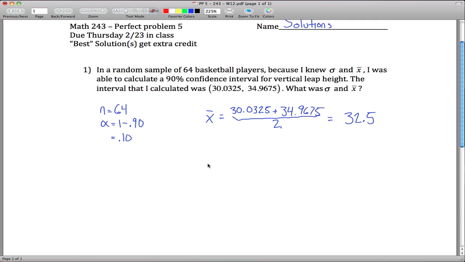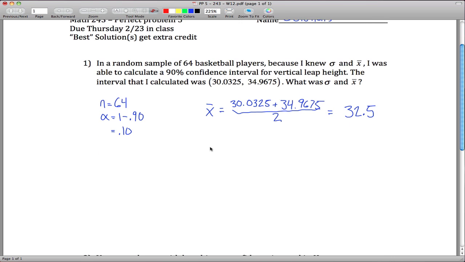Unfortunately, that's a little bit harder, but it's not too bad. The way you would get at this interval is the confidence interval equals x bar plus or minus the margin of error. Part of the margin of error is this sigma. So if we can figure out what the margin of error is, we can work out what sigma is.